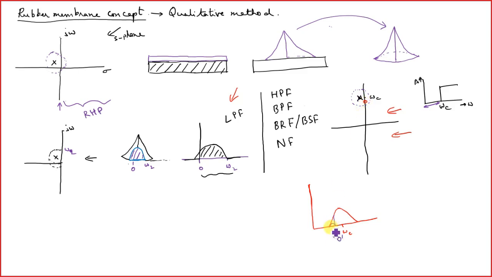So this is this distance. Are you getting my point? This distance and this distance, if I call it A and this as A, these two distances are the same. Okay.